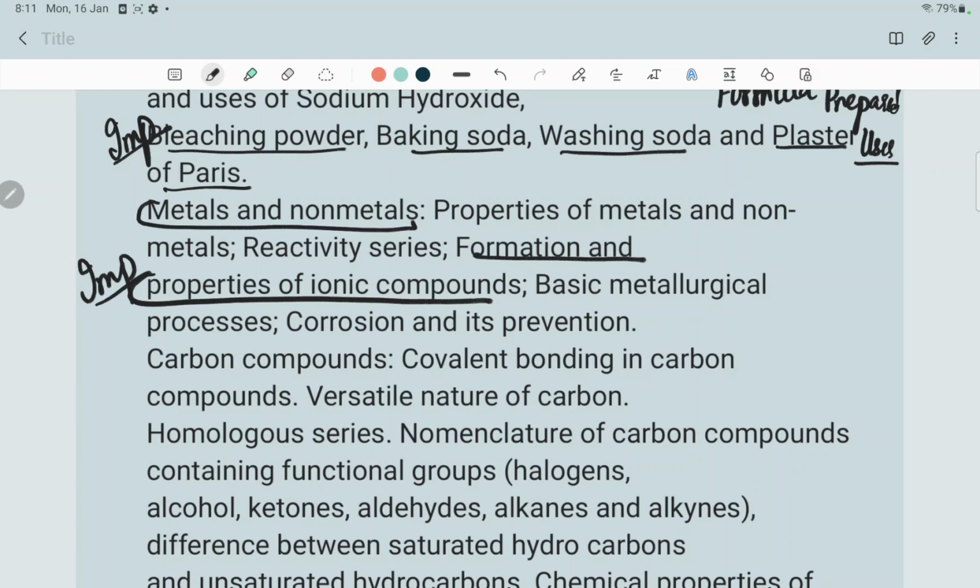Then we must know how do we refine metals. So basically in that topic, metallurgical processes, roasting and calcination is very important, and then electrolytic refining. We will be discussing about that in detail in the next video.